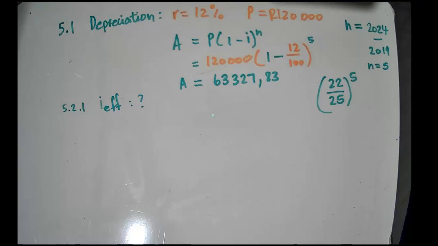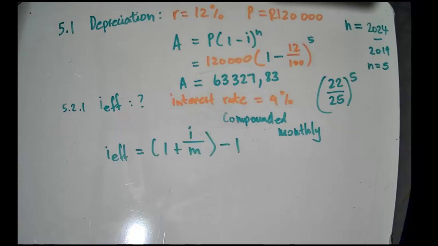So we're going to have to use the formula for converting effective interest rates. The interest rate here is 9%, and that's all you need to continue. For 5.2.1, compounded monthly is also important, and that's our formula. Right, so it's 1 plus i over m, which is the term, minus 1.